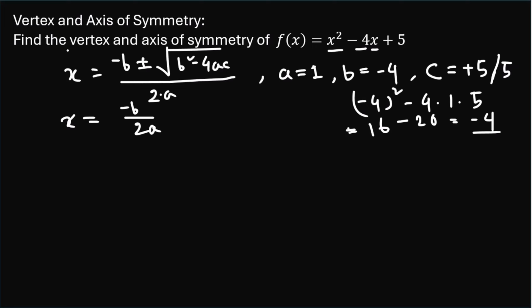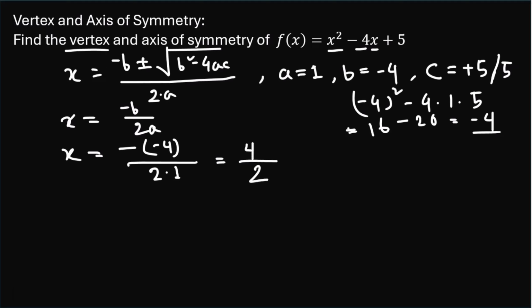For the vertex we will consider this equation, and here we will put in the values. So minus b, where b is minus 4, over 2 times a, which is 1. So minus times minus is plus 4 over 2. So here we will get 2.